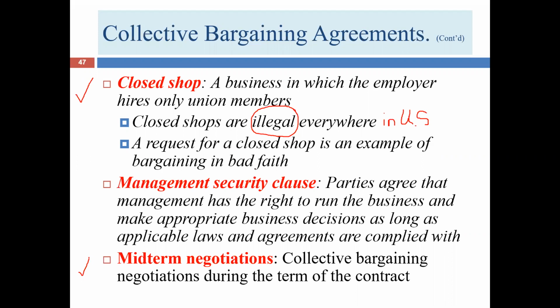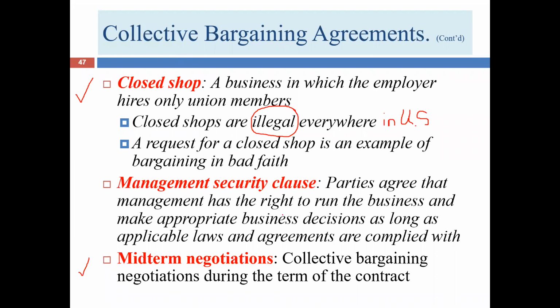Or what kind of PPE needs to be provided, personal protective equipment. And so issues can arise that nobody had any way of knowing would be relevant. And those would be called midterm negotiations. These are negotiations that happen during the term of the contract, kind of like a midterm exam happens in the middle of the term, right?